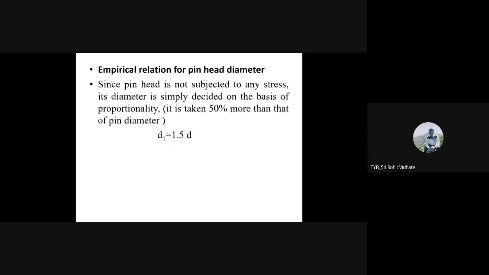Here we have calculated the dimension of the pin, and also the diameter of the head of that pin by means of this empirical relationship. We are not going to consider the stress induced in that. Now we are moving further and going to check various other stresses induced in all components of that knuckle joint.